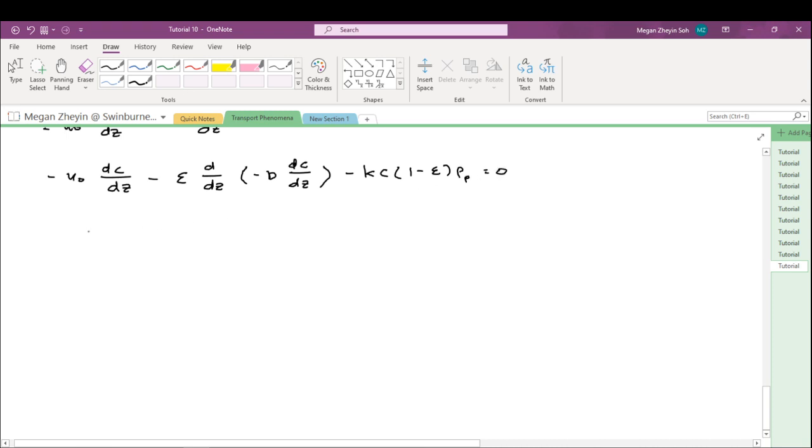Then we arrange the equation, so this one becomes positive, and we get D d squared C over dz squared.